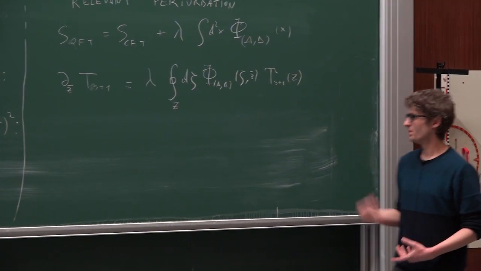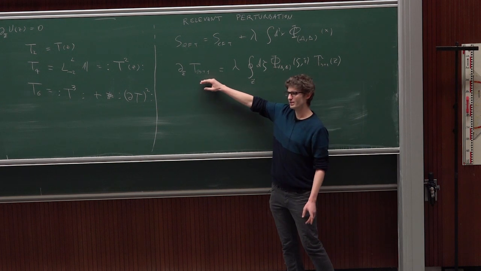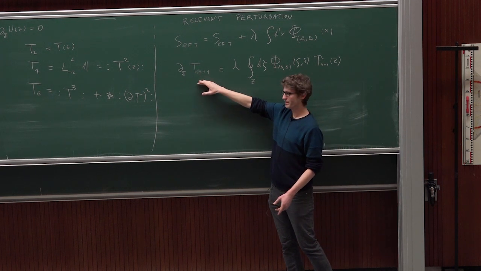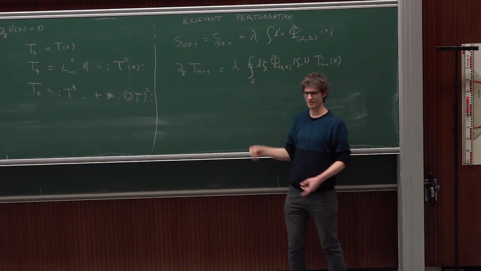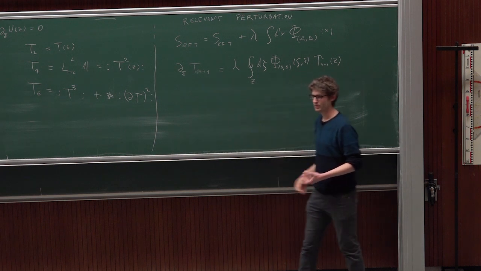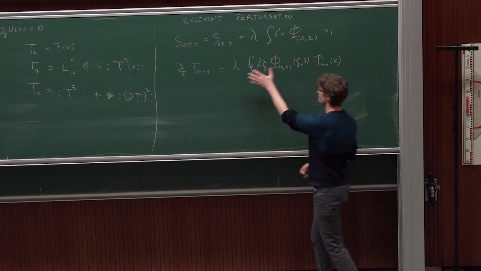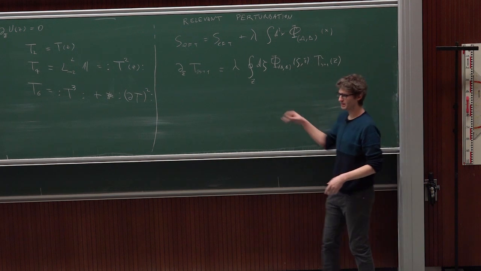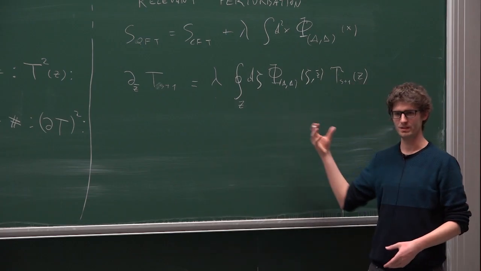And then, to say that the current is still conserved, at least at first order of perturbation theory, you want the right-hand side to still be a total derivative of something.